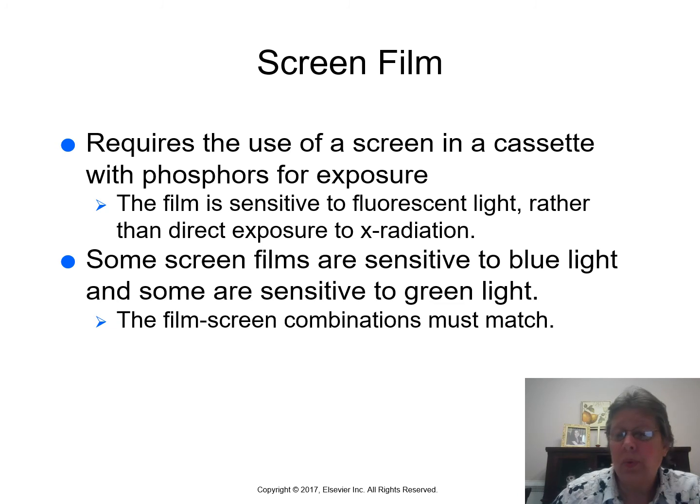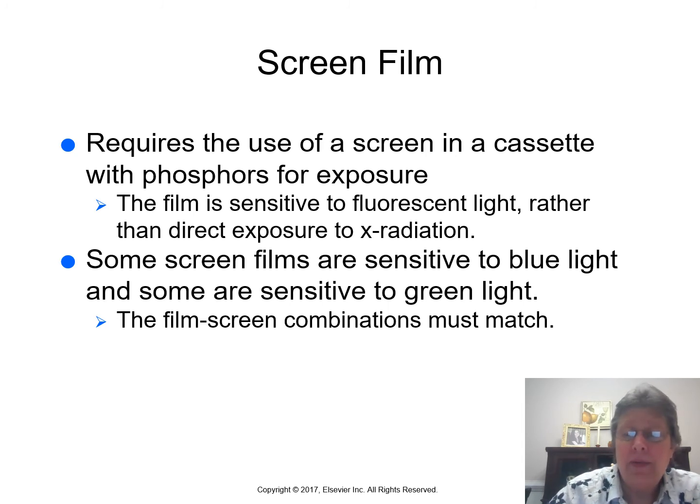What happens is when we have conventional film, the X-rays hit the film, energize the emulsion on the film, and we capture the image. What happens in screen film is the X-rays penetrate through the cassette, they hit the screens that are on both sides of the cassette, and when that happens, it produces a light, and the light is what exposes the film to capture an image.